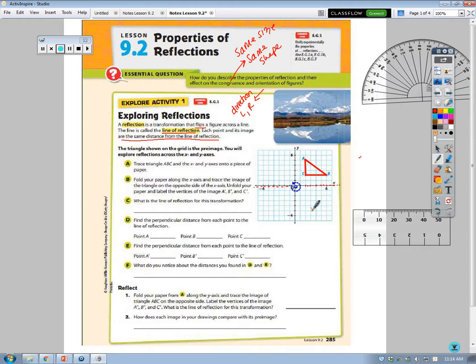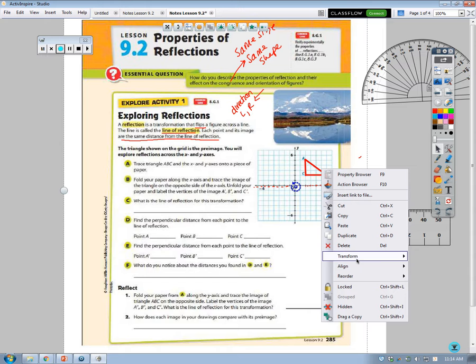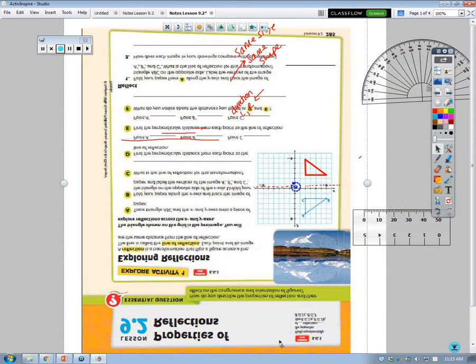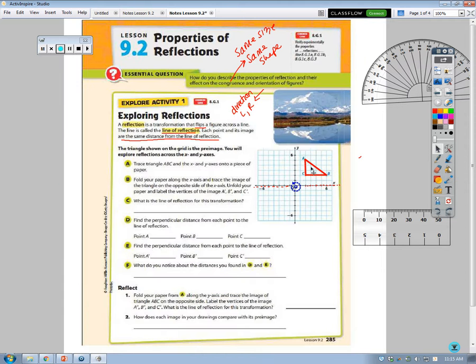So what I'm going to do here is I've got some fun little tools that I can use to show what that looks like. So I'm going to transform, and I'm going to mirror, I'm going to flip on the X-axis. Whoops, that's not what I want to do. That flipped the whole image. Let's try that again. Okay, I'm going to transform.